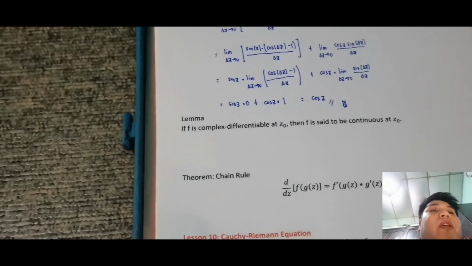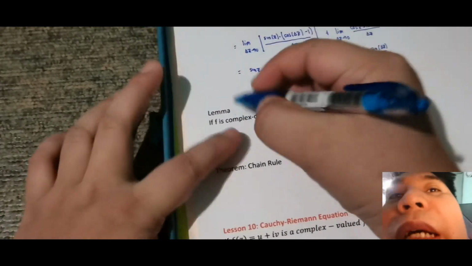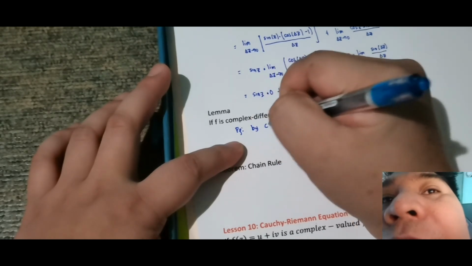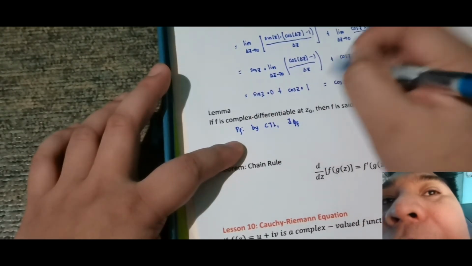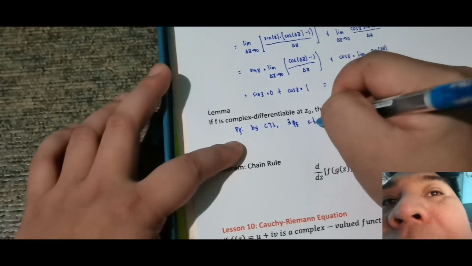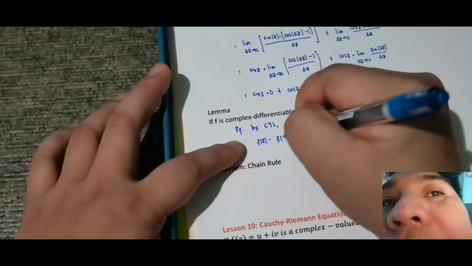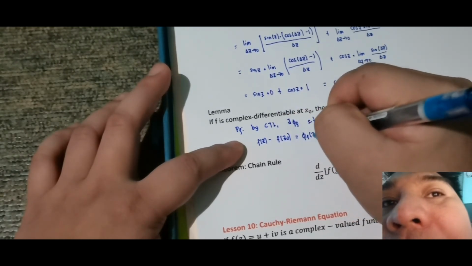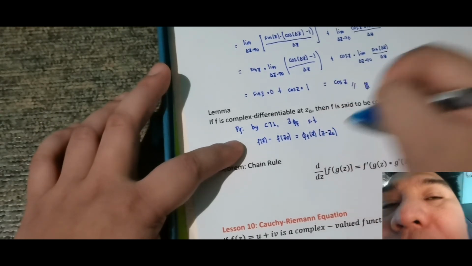Let's have a lemma. If f is complex differentiable at z0, then f is said to be continuous at z0. So paano yan ipoprove? Okay, so napakasimple lang yan. To prove, by CTL, there exists a function p of f such that f of z minus f of z0 is equal to p of f of z times z minus z0.